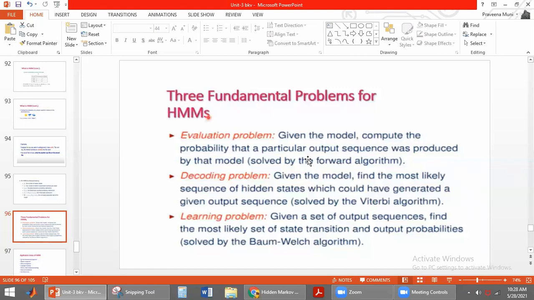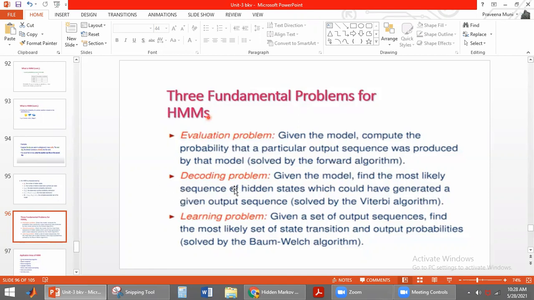This is called the evaluation problem, and it is solved using the forward algorithm, because the future states are unknown. That is why we use the forward algorithm to solve this evaluation problem.